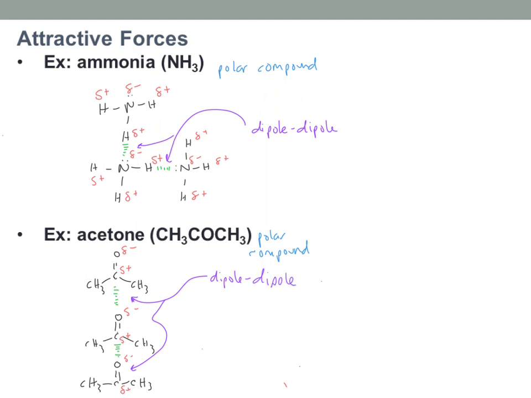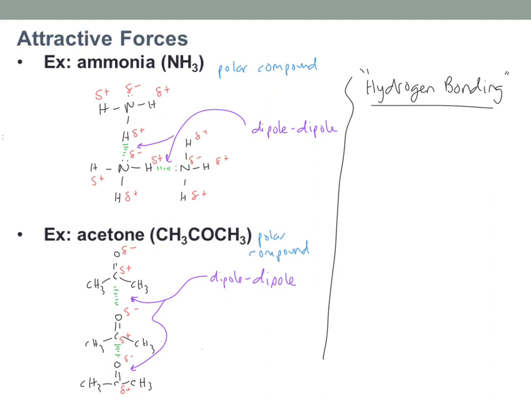Now this is the point where I need to mention hydrogen bonding, because hydrogen bonding is just a special kind of dipole-dipole. Hydrogen bonding is a dipole-dipole attractive force, but it has its own special name because hydrogen bonds are the strongest type of dipole-dipole. So I'm going to draw a little line here. And so we have hydrogen bonding. I'm putting it in quotes here.